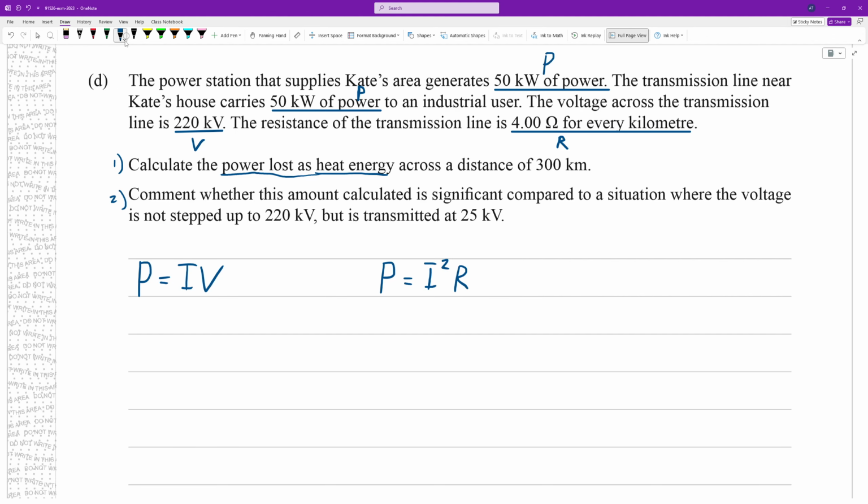There we go. So in part 1, we want to work out the current, so finding current through the transmission line.